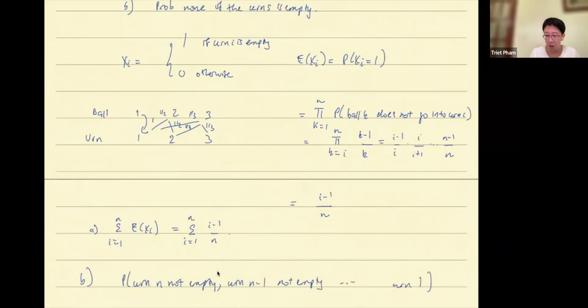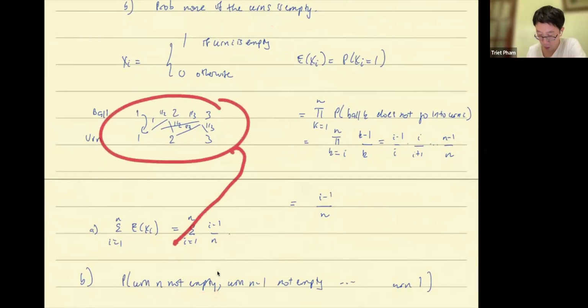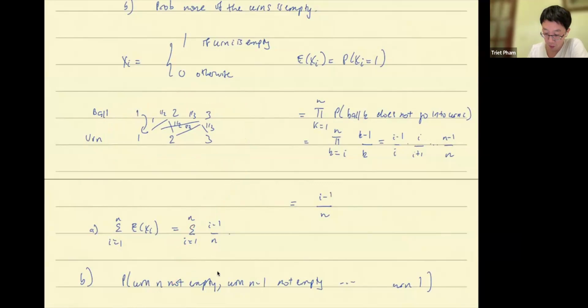Urn n is not empty only when ball n goes into it, because no other balls can go into urn n besides ball n. That's the structure. So ball n must go to urn n.